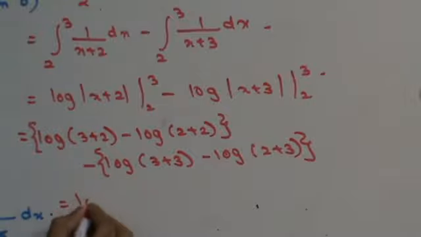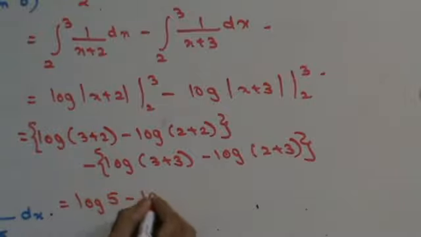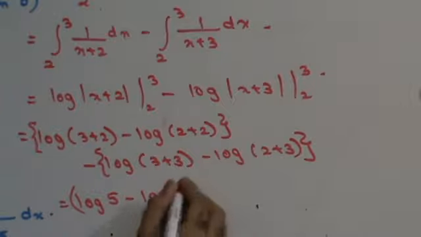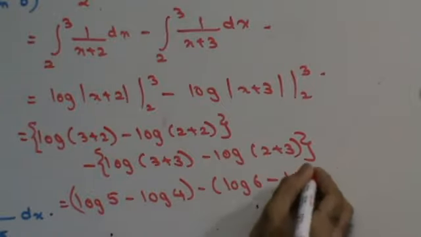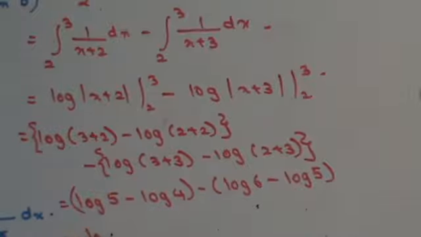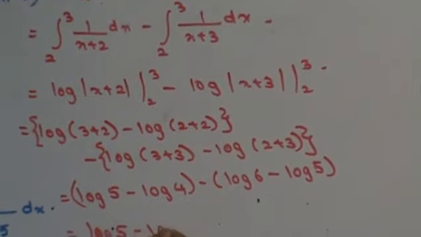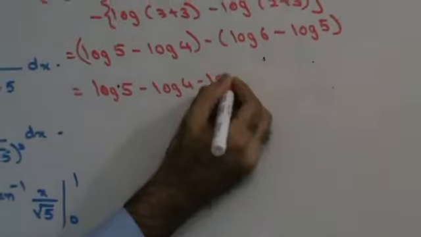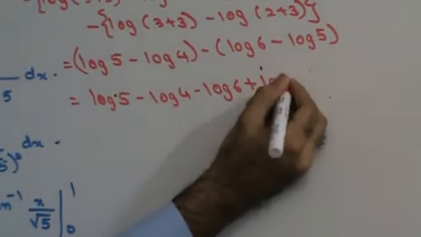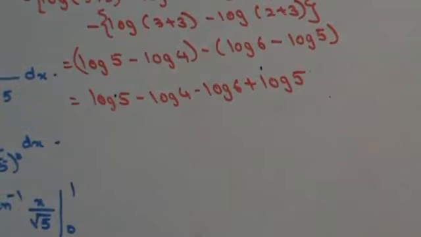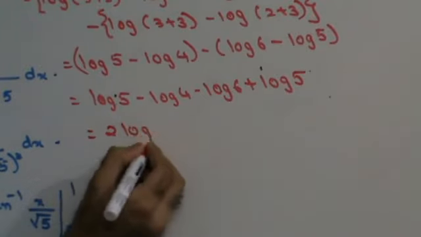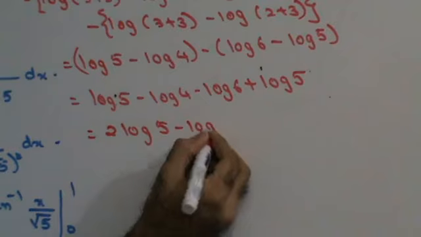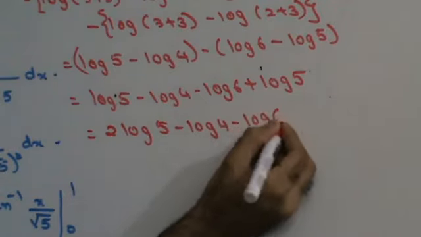So this is going to be log 5 minus log 4, minus log 6 minus log 5. So this is log 5 minus log 4 minus log 6 plus log 5. Minus into minus is plus. This is 2 log 5 minus log 4 minus log 6.